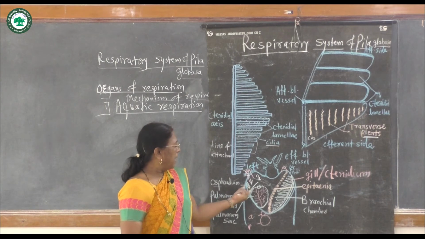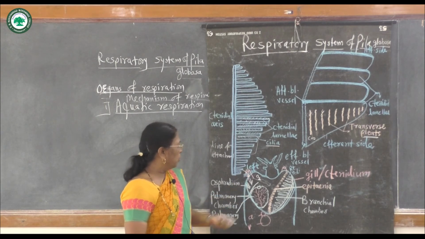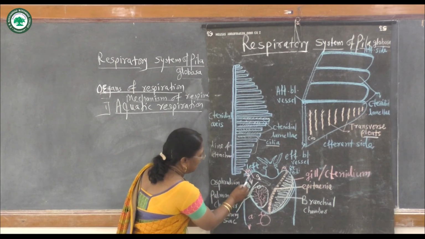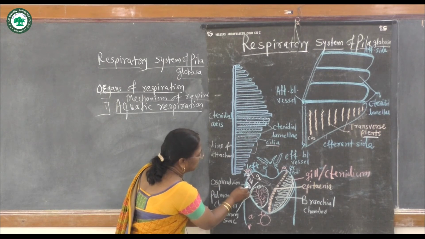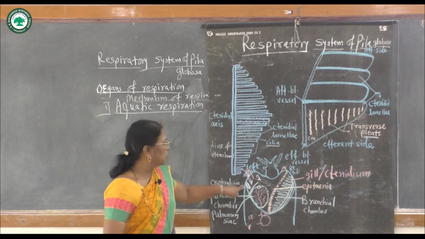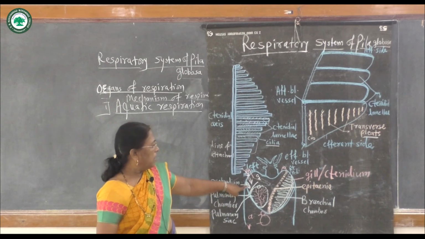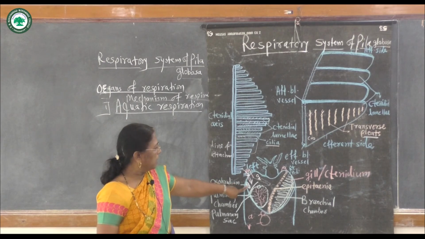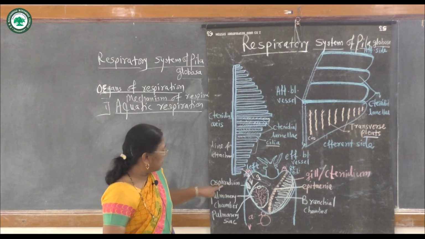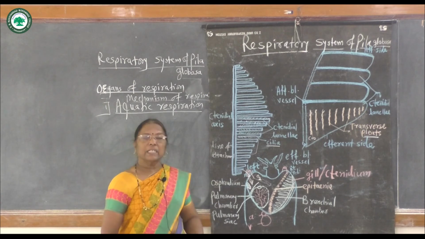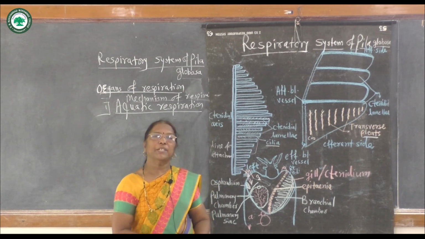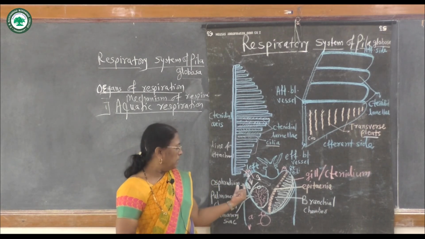Here, at the entry of the left nuchal lobe, a single leaf-like osphradium is present, attached to the roof of the mantle wall. This osphradium tests the physical nature of water.